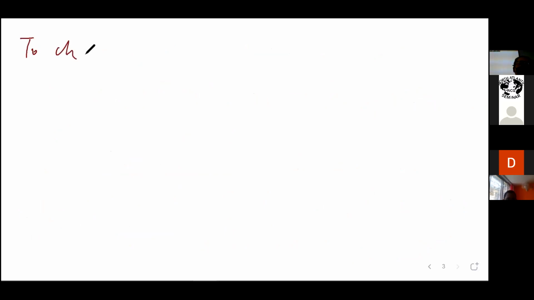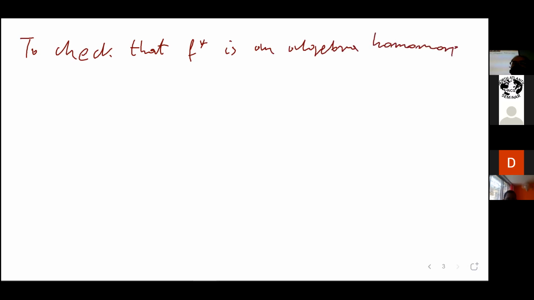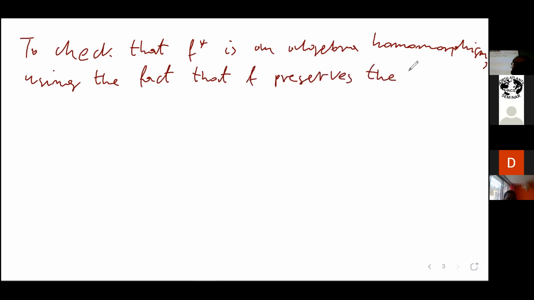So to check that F star is an algebra homomorphism, using the fact that F preserves the length of paths, we compute as follows.